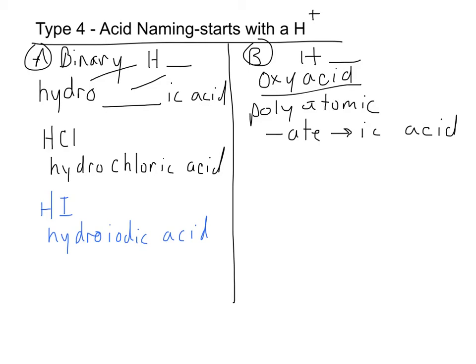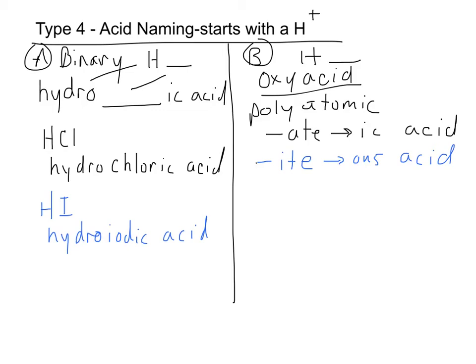So ate goes to ic. If the ending is ite, then it's going to go to ous, and then acid. This is how I remember this one: if it ends in ite, I want to fight, and it takes 2 of us to fight. So silly ways to remember, but if it helps you, great.